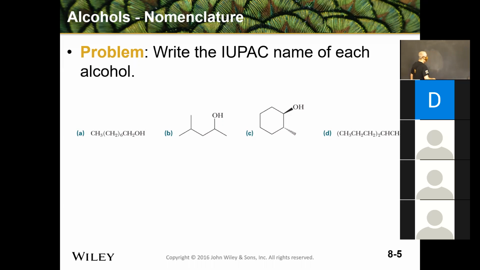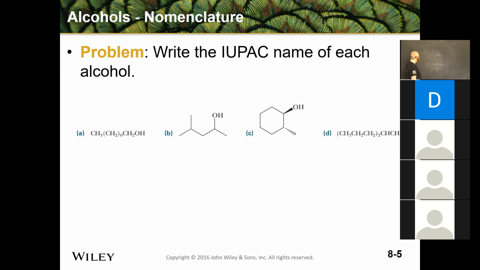Letter C. Again, it's assumed that the alcohol is on 1. The alcohol takes priority. So this is cyclohexanol.